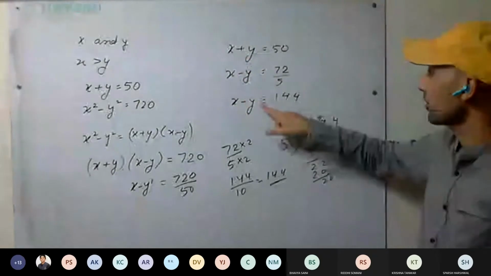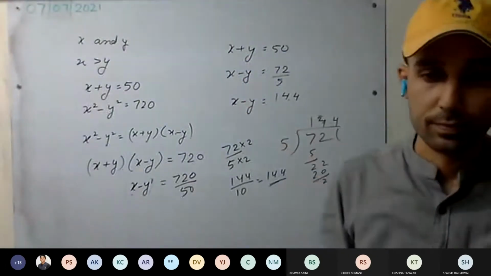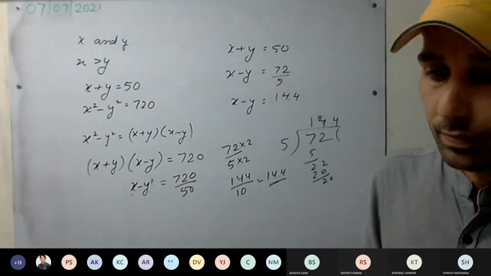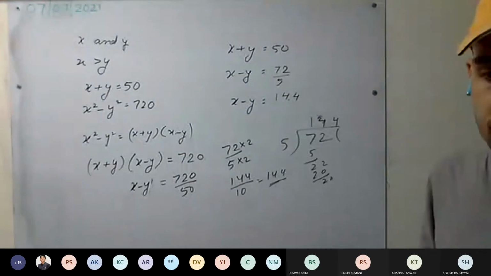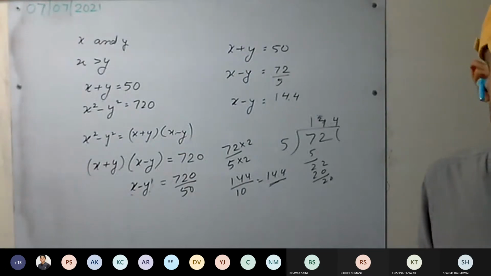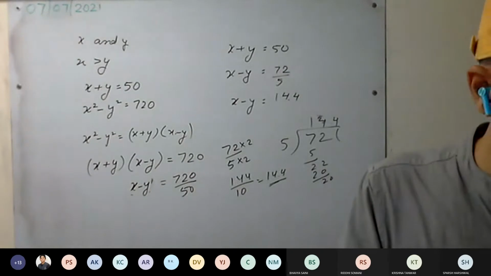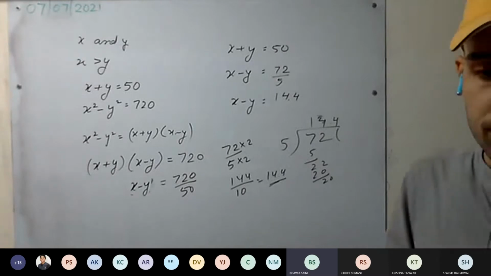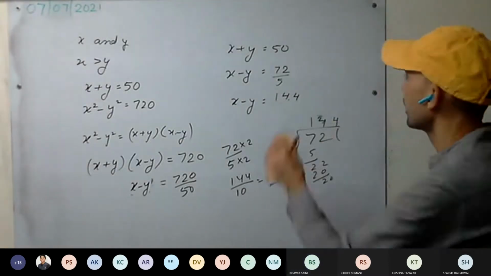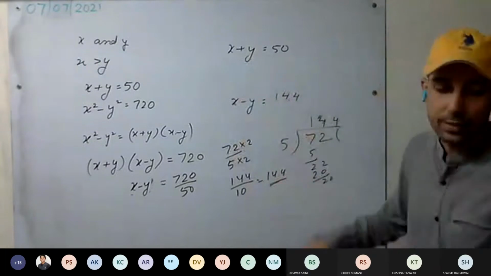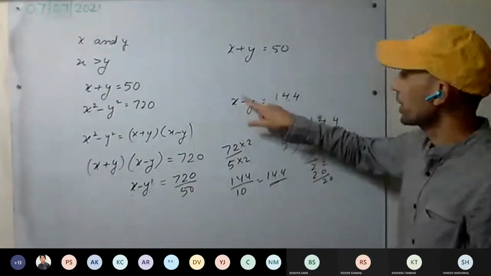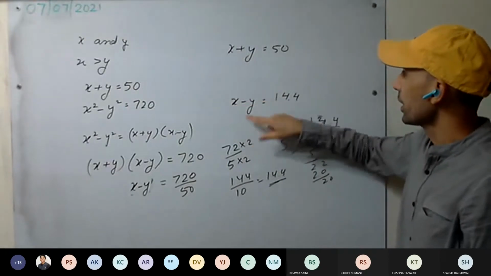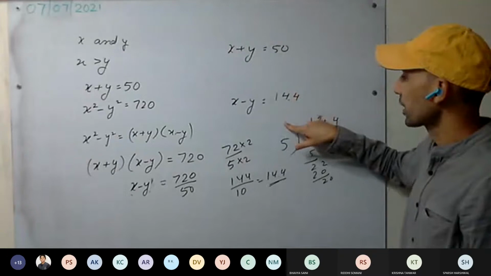Now solve them. Find the value of x and the value of y. By equating the quotient, if we add these two equations, x plus x, 2x, equals this plus this.